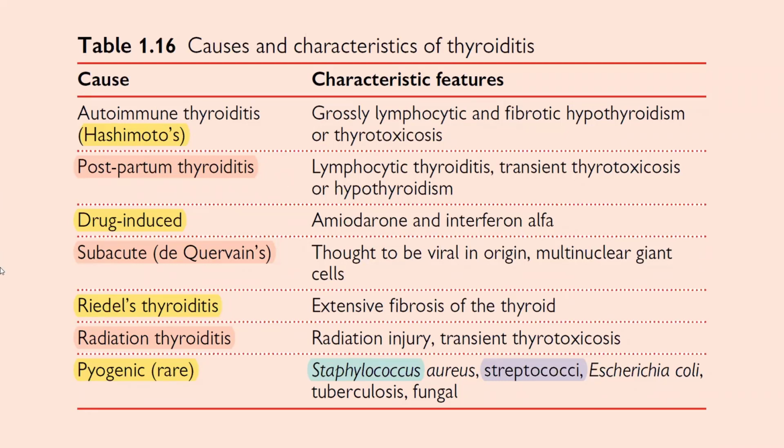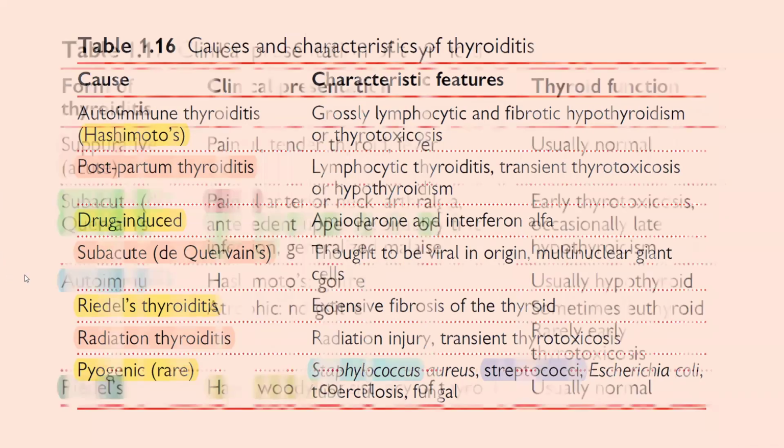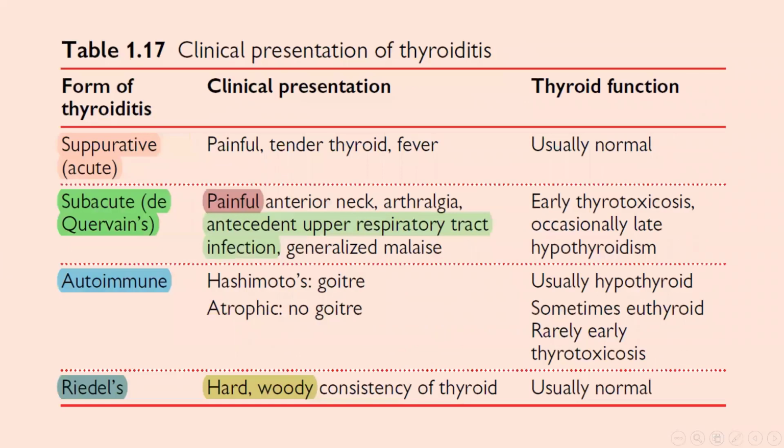I will discuss this thyroiditis in a lot of slides later on. So don't forget that suppurative means abscess. The patient presents with a painful, tender thyroid and fever because this is infection. How to treat? Drainage and antibiotics. Thyroid function test is usually normal.